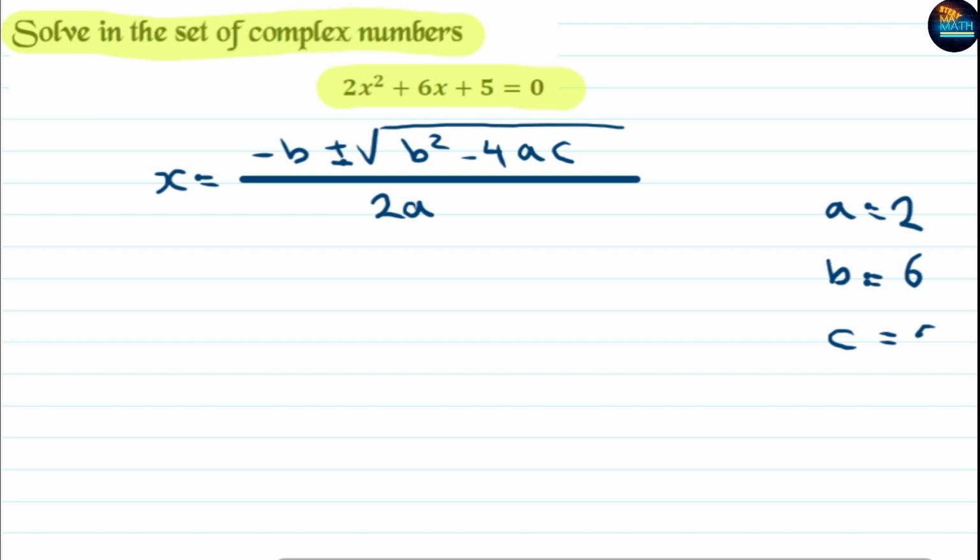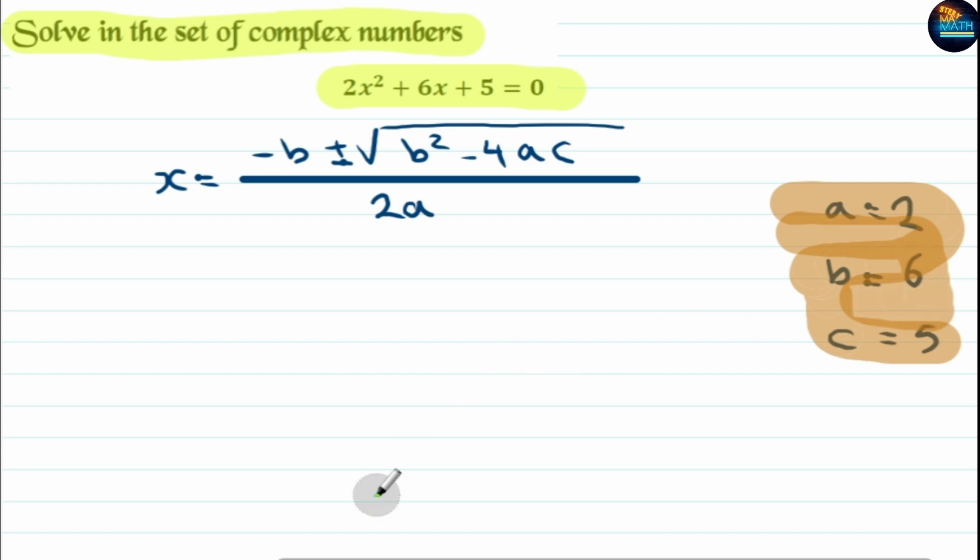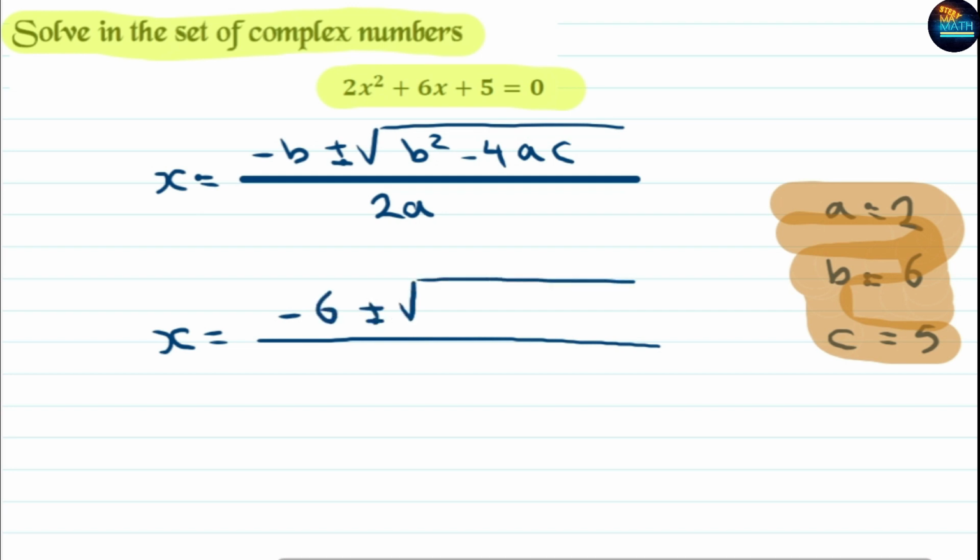All right, so let's substitute all these values in the quadratic formula. So x is equal to negative b, which is negative 6, plus or minus the square root of b squared, which is 6 squared, which is 36, minus 4ac, meaning 4 times a, which is 2, times c, which is 5, all over 2a, which is 2 times 2.